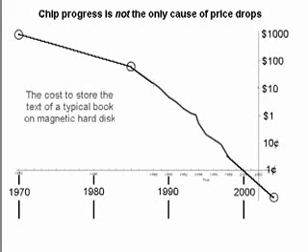Chip progress is not the only cause of price drops. The magnetic hard disks we now typically use for the secondary memory of PCs have been around for decades, and they have seen amazing and accelerating price decreases too.